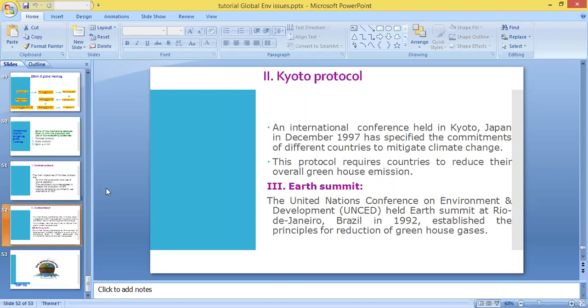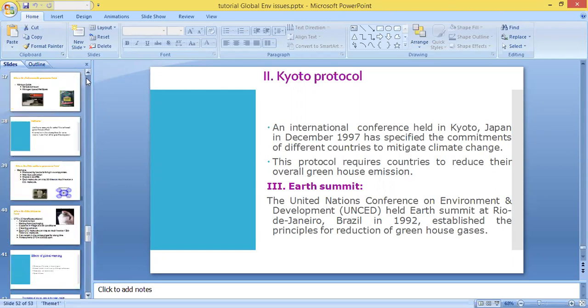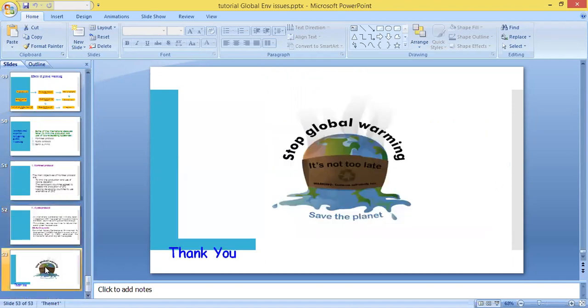All in all, different countries on the earth have taken very appropriate steps to control it, and hopefully in the near future we can control it to a much higher level. Okay, so thank you. This is it regarding the topic.